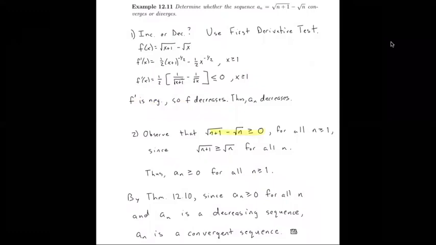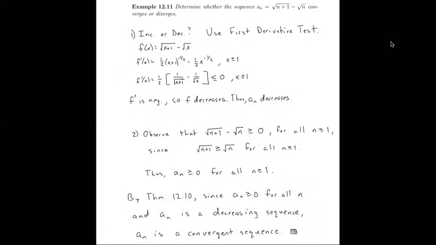We know that this is greater than or equal to 0 because square root of n plus 1 is greater than or equal to the square root of n for any positive integers n. Okay, in fact, maybe I need to be a little bit more clear right here. Let's say for all n greater than or equal to 1. Okay, that does a little bit better job.